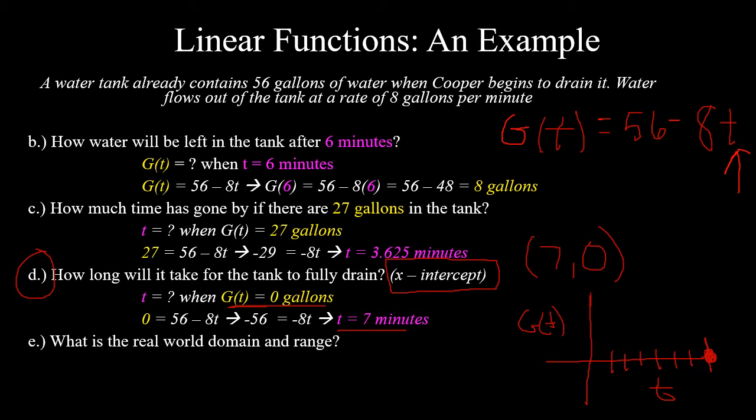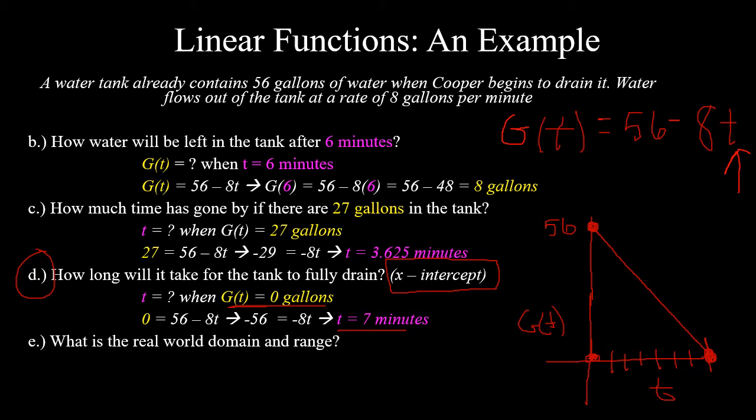And I'm just going to move this because I want to extend this axis up. If we think about this problem, we know that we started with 56 gallons of water, which should be probably even higher than that, but I'm just going to say way up here. So we started when 0 minutes had gone by, we started with 56 gallons of water, and then we lost water until the tank was fully drained.